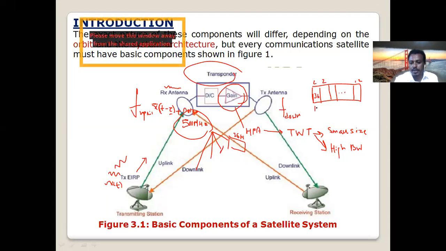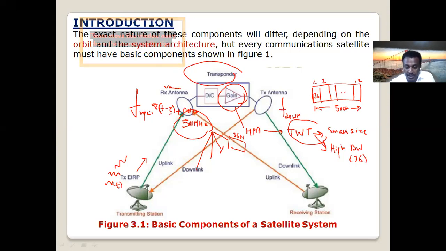So the total is 36 times 12, about 500 megahertz. Why do we need to divide it? Because this amplifier can amplify up to 36 megahertz, maximum 40. One amplifier per carrier. So for each transponder, we put one TWT. One TWT amplifies the first carrier, another TWT amplifies the second carrier, and so on.